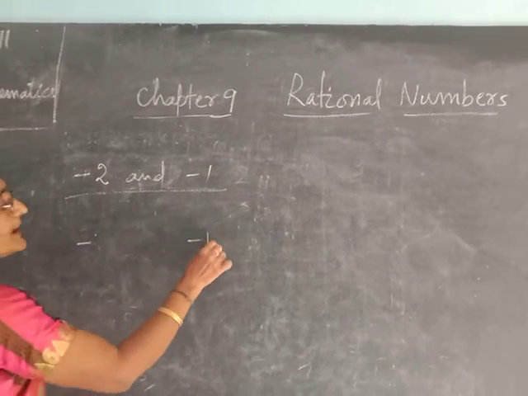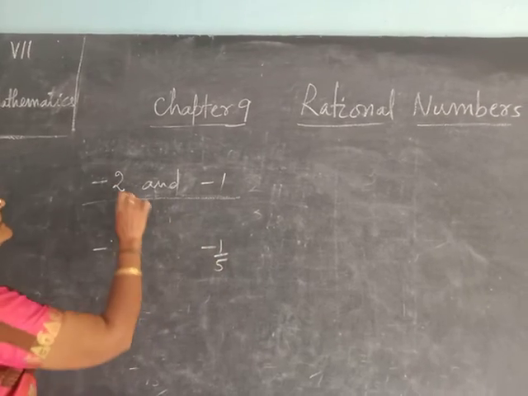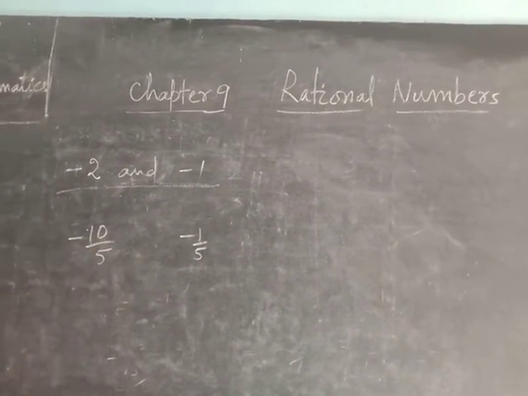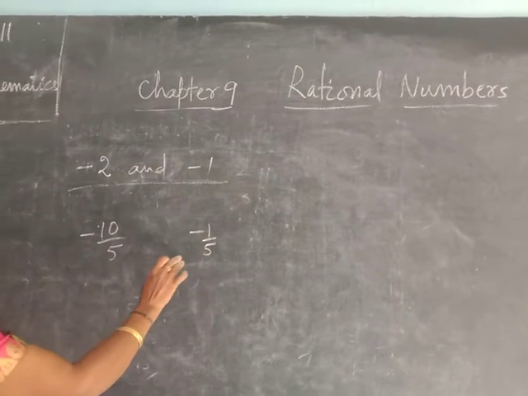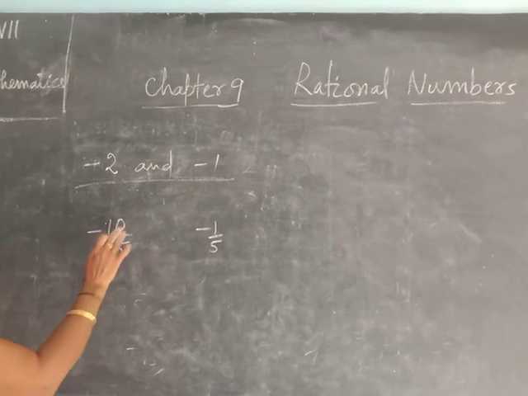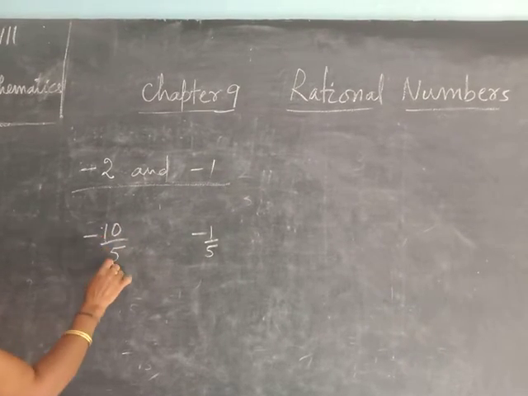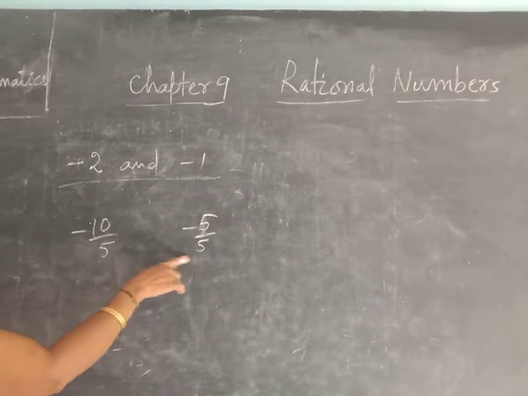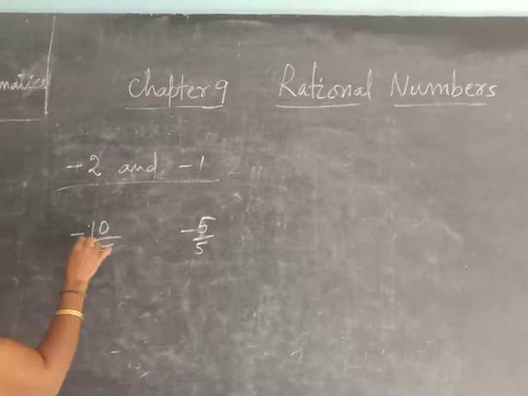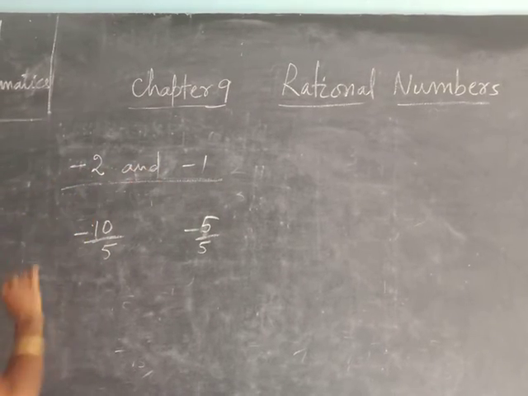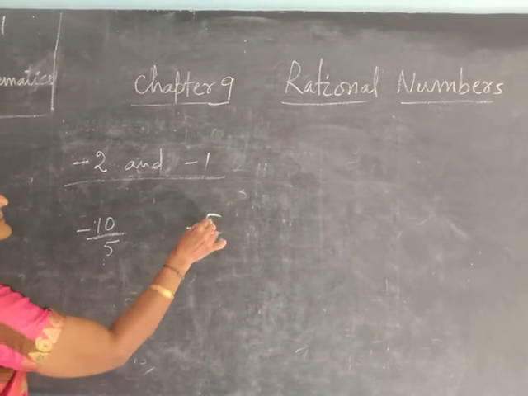If you take 5, you have to multiply both sides by 5. So with equal denominators, what equivalent fraction will come? Minus 2 is minus 10 by 5, and minus 1 is minus 5 by 5.